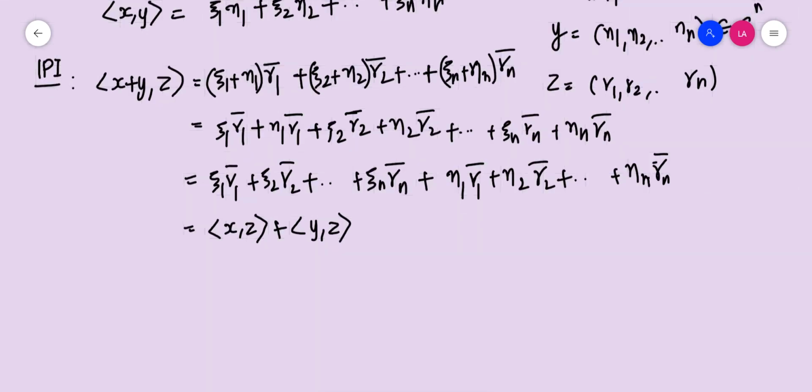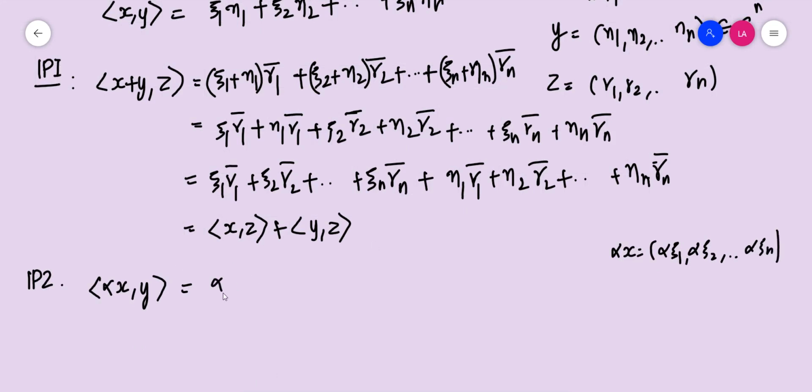Moving on to the second property, IP2, which is the inner product <alpha x, y>. By definition, alpha x is equal to (alpha theta 1, alpha theta 2, etc. alpha theta n). So <alpha x, y> should be equal to alpha theta 1 eta 1 conjugate plus alpha theta 2 eta 2 conjugate plus etc. alpha theta n eta n conjugate.